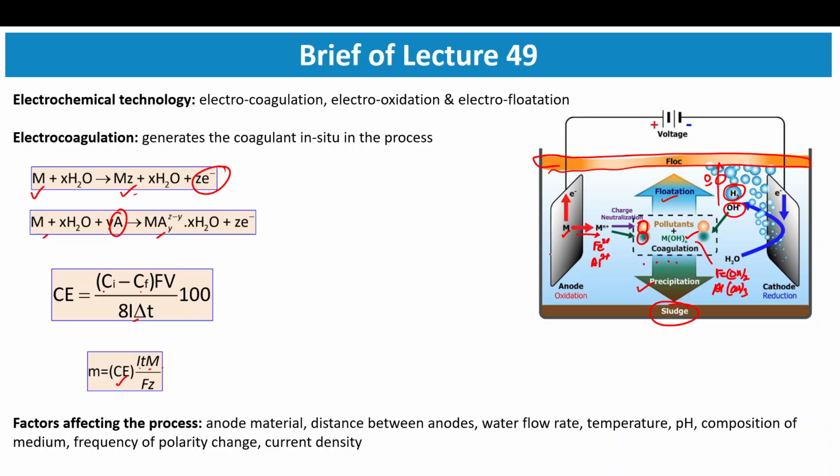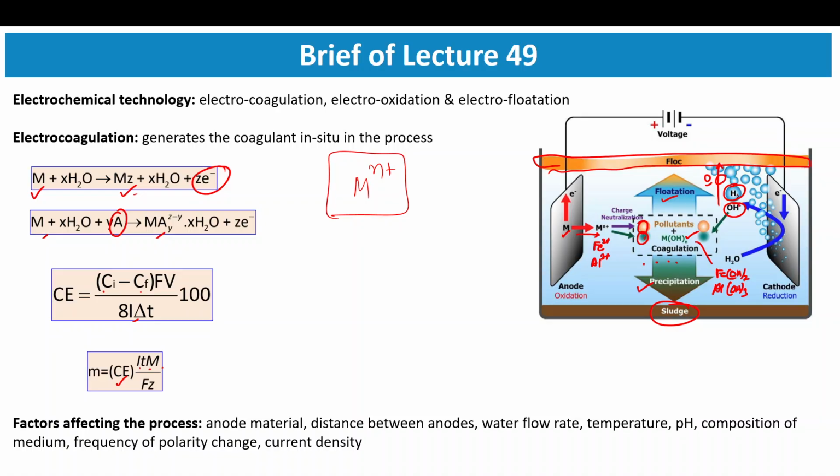It can be aluminum based or iron based depending on the coagulant which you want to target, right? So this reaction will take place. The metal present at the anode gets oxidized to form Mn+, and the electrons obviously generate electricity.